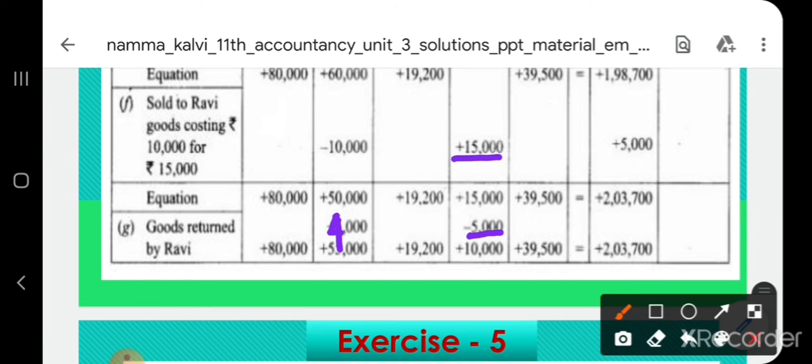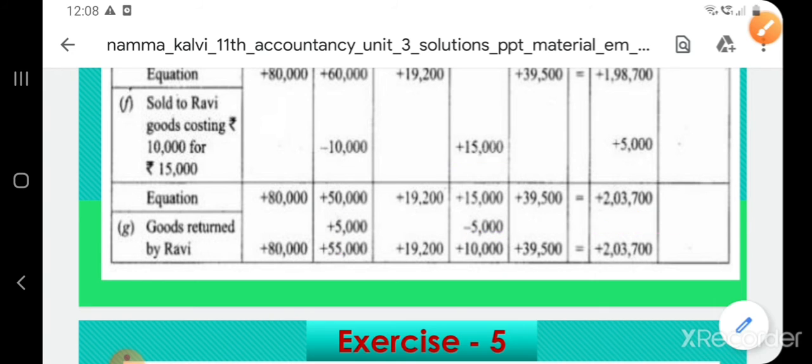So actually the debtors was created for 5,000 but the goods returned is 4,000. That means 1,000 rupees is a loss which you will minus from your capital. Okay, so this correction alone you make it. I'll send you the copy. Refer to that classwork note if you have any doubts. Work out this problem neatly in your classwork.